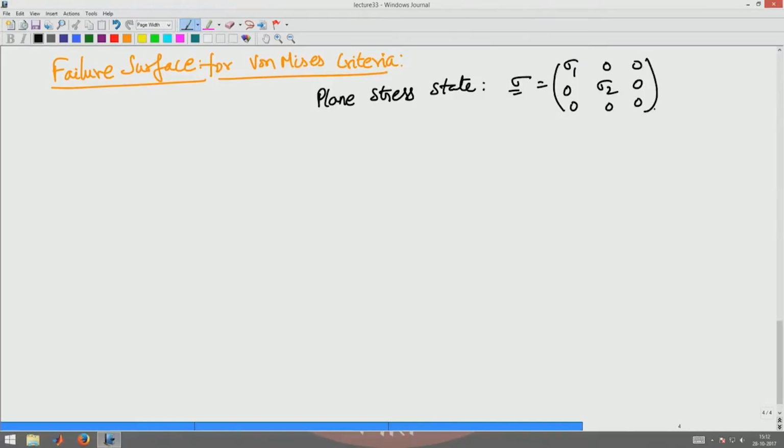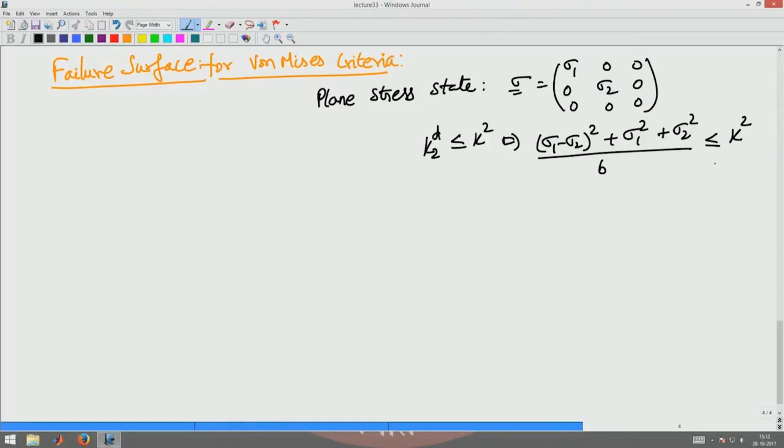And hence I am going to retain the first usage of the von Mises criteria, that K2D must be less than or equal to kappa square, which will imply that (sigma 1 minus sigma 2) whole square plus (sigma 1 square plus sigma 2 square) by 6 must be less than or equal to kappa square, which we will write as sigma y whole square by 3.